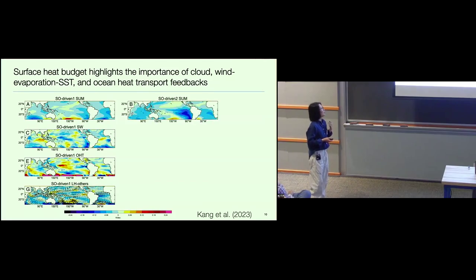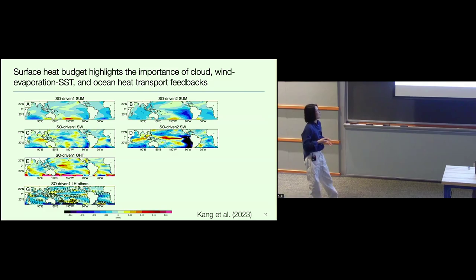If we look at the second version with CSM2, the Southern Ocean driven response is overall much stronger. There's also a very interesting asymmetry in the two ocean basins, where the Pacific response is much stronger than the response in the Atlantic.